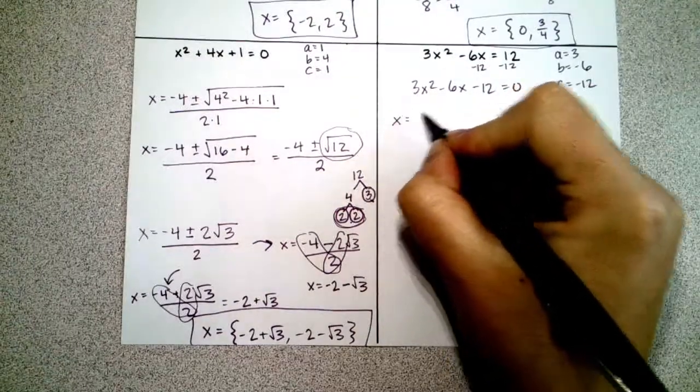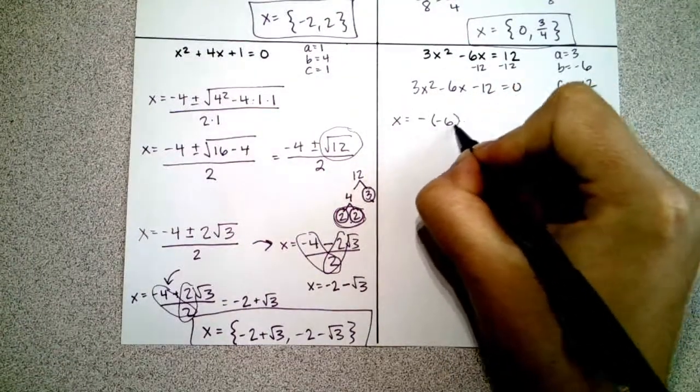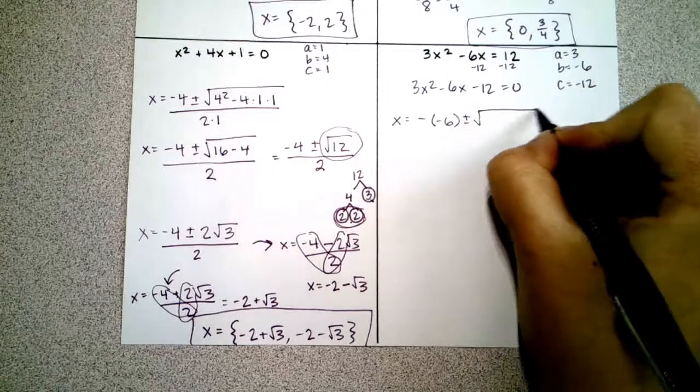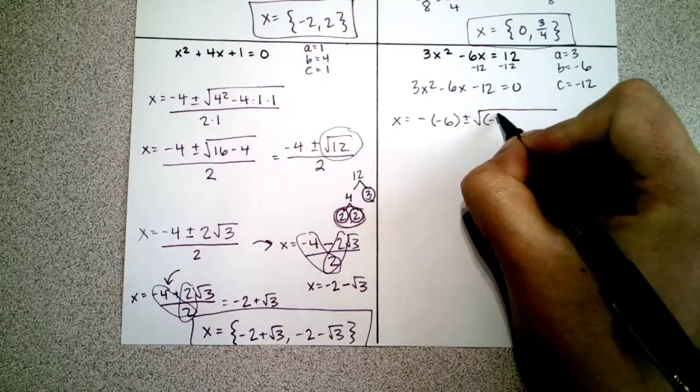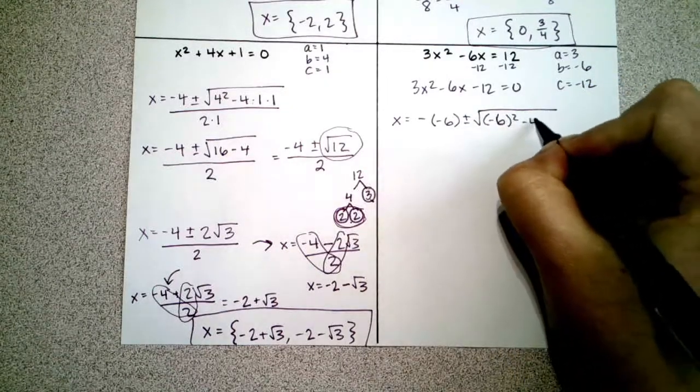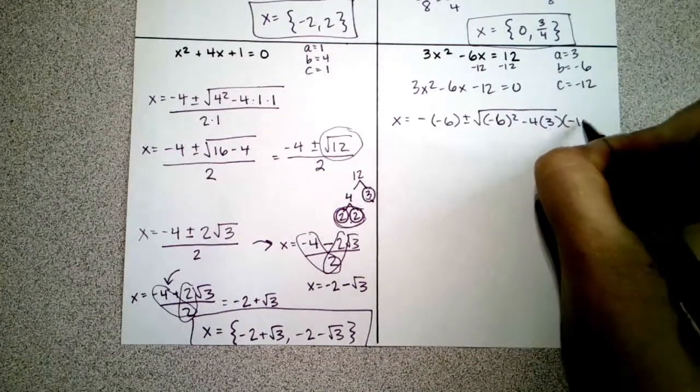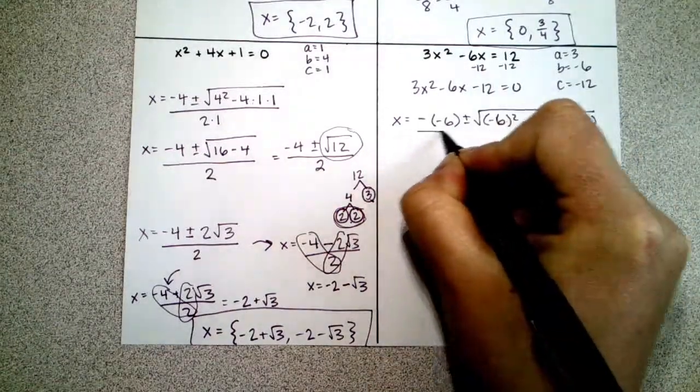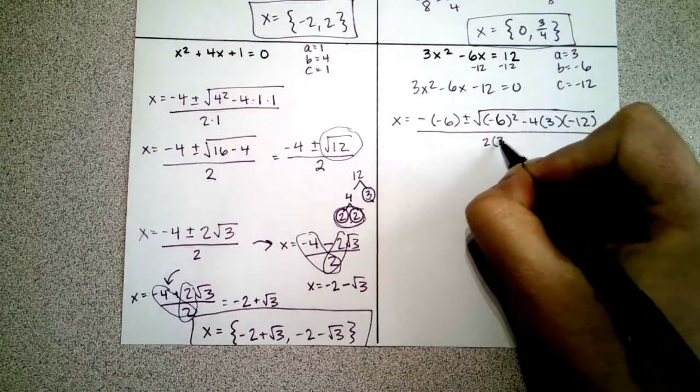So we get x is equal to negative, b is -6, plus or minus the square root of b squared minus 4 times a times c all over 2a.